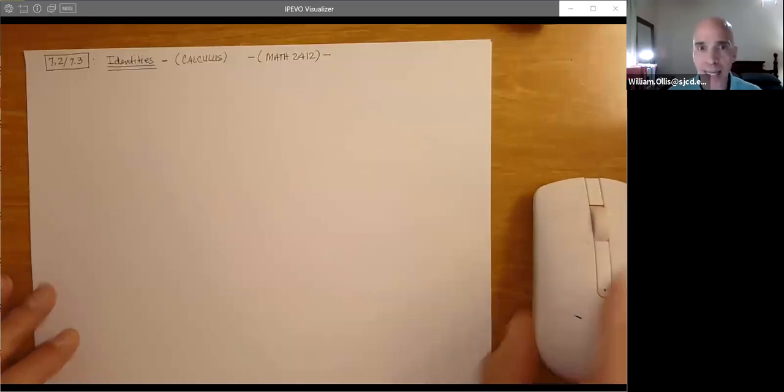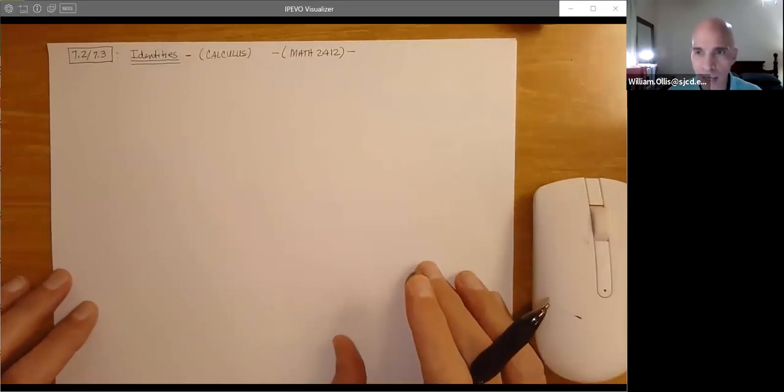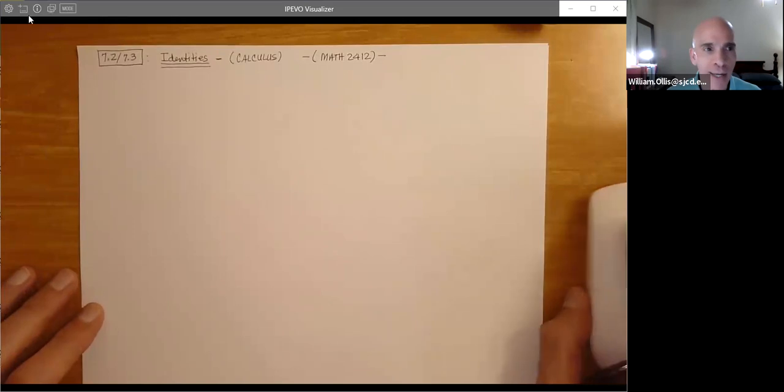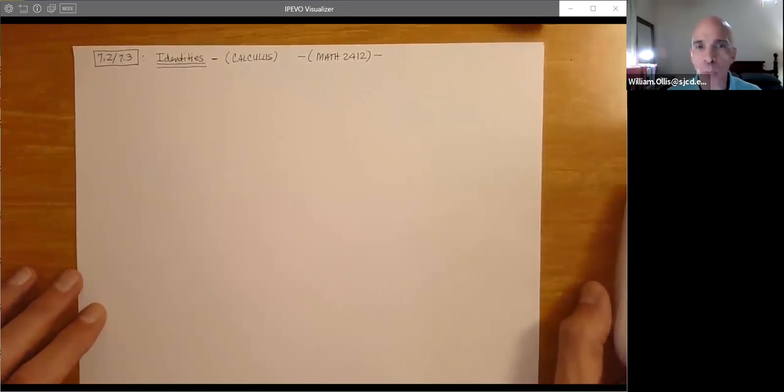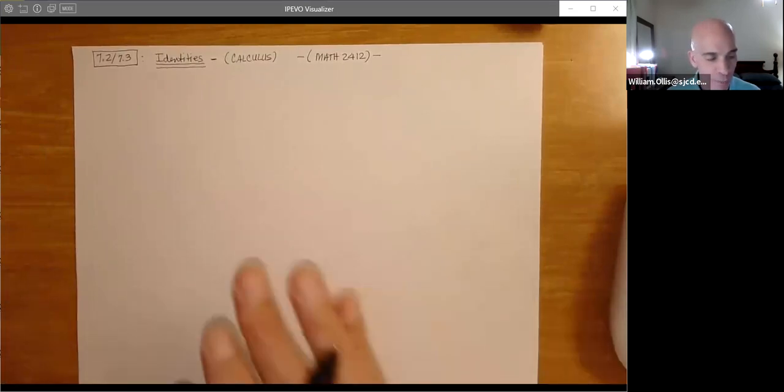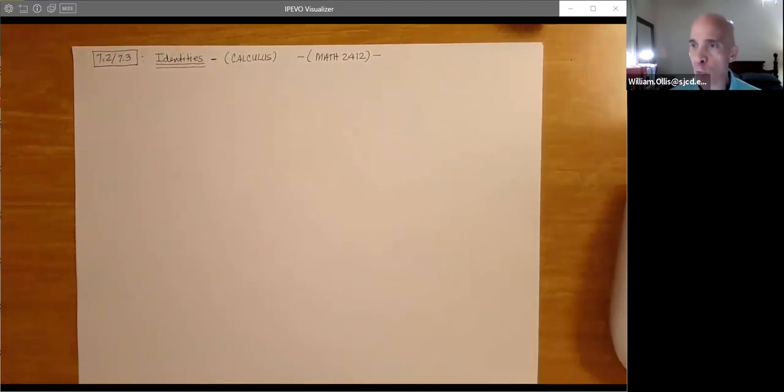What I want to do is to begin with some basic identities, not inequalities. I think we'll stay away from those right now. And if I have time later in the week, I may go ahead and do a proof of one of these addition formulas.